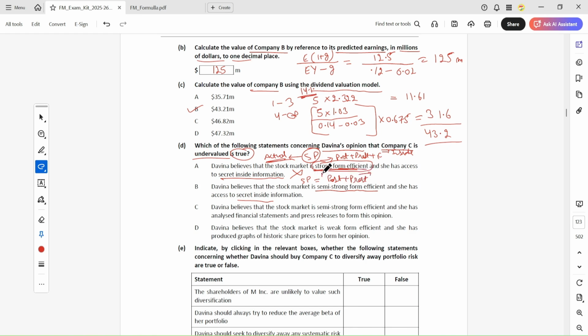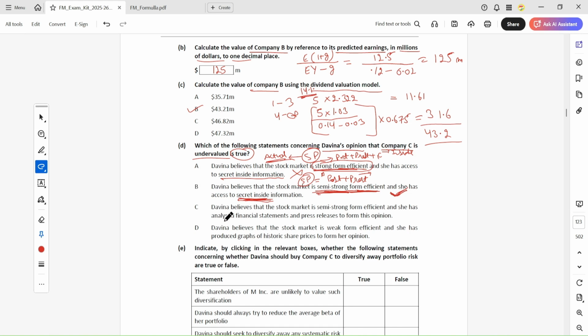So you cannot make any profit by studying past share price movement, and published information is already reflected in the share price in a semi-strong market, but any future or inside information is not included. So if you have this secret inside information, you can make a profit, and this can be the reason the share price can be undervalued.